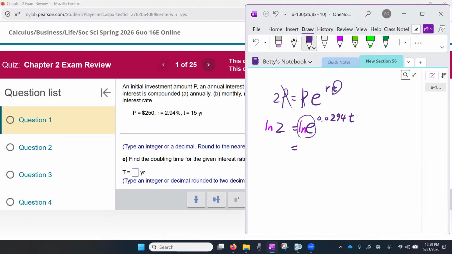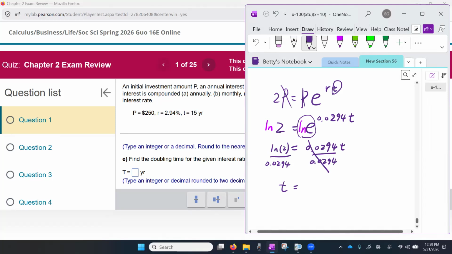And this cancels, right? And we have 0.0294t on the left side... on the right side, and ln 2 on the other. Divide each side by 0.0294. We have t equals ln 2 over 0.0294.